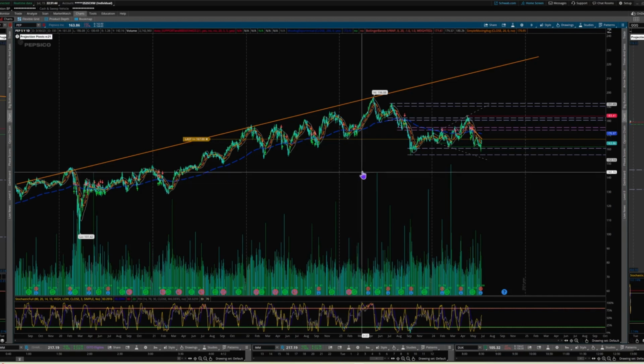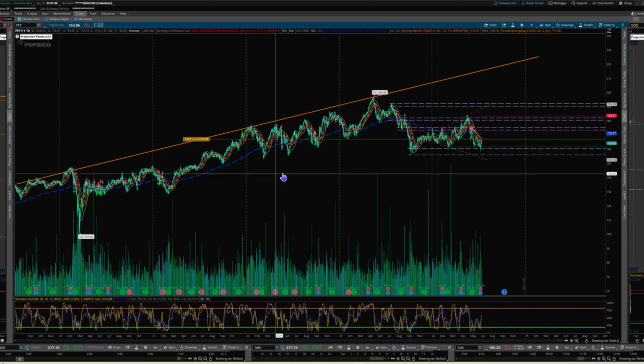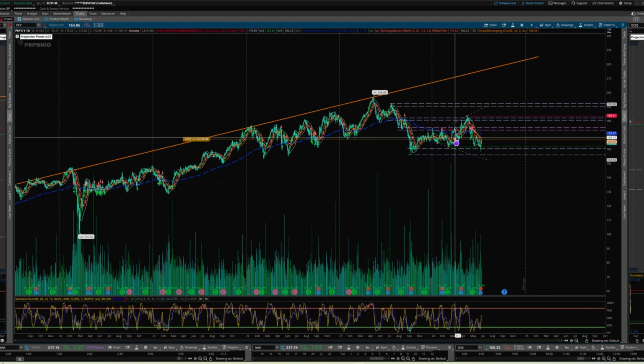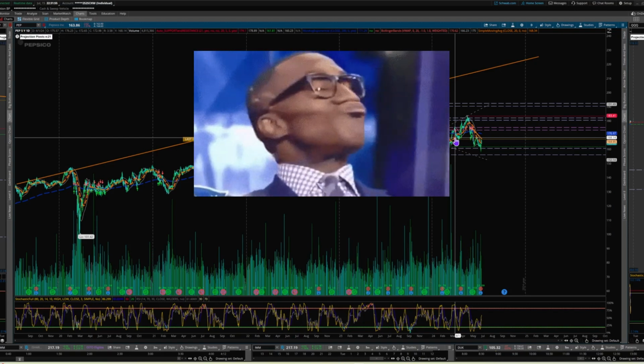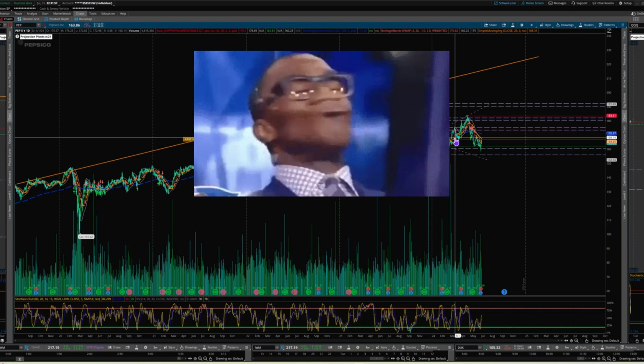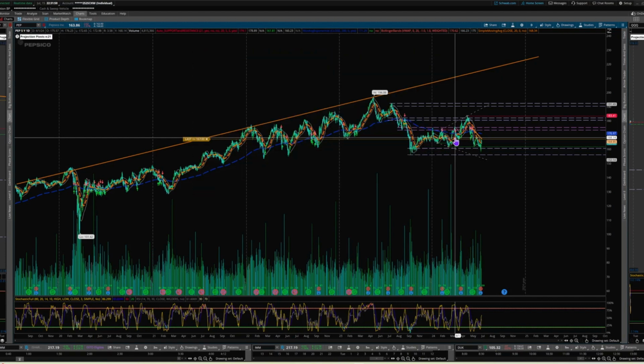No bad company is going to be on a 5-year bull run and be offering bad services, bad products, have bad revenue, not pay good dividends, that sort of stuff.